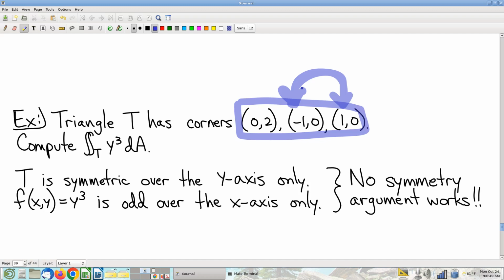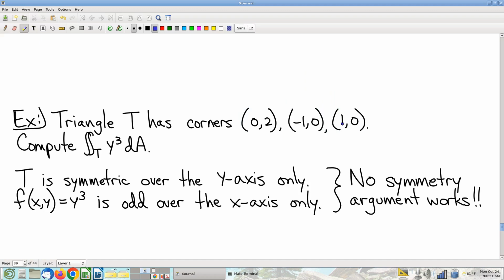And then you look at your integrand and it leaps off the page. That's clearly an odd power. That's got odd symmetry, in some sense. So you see a symmetric domain, an odd function, and it's tempting to say the integral equals 0 by symmetry. The problem is when you get into actually cranking out those details, it doesn't work.